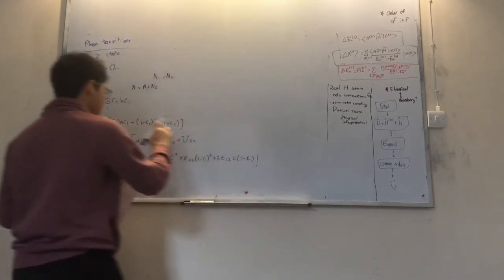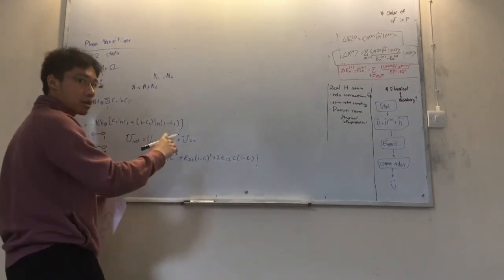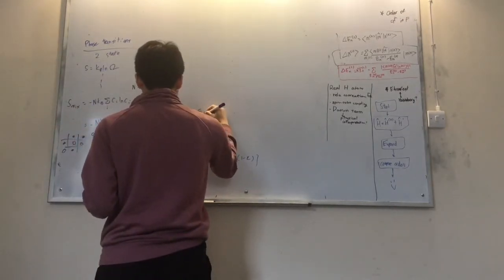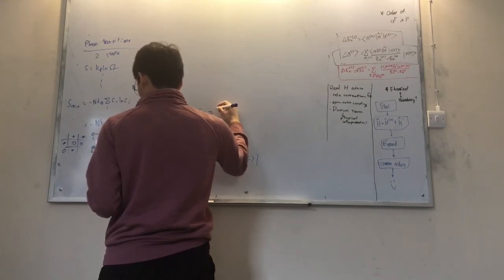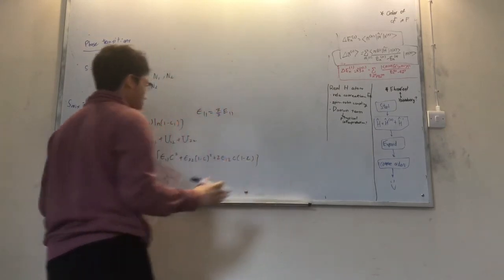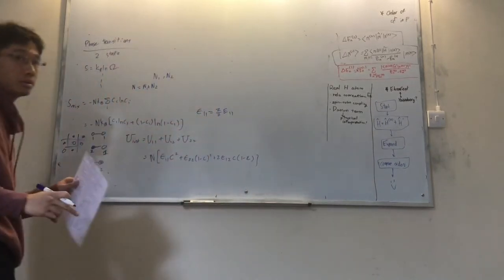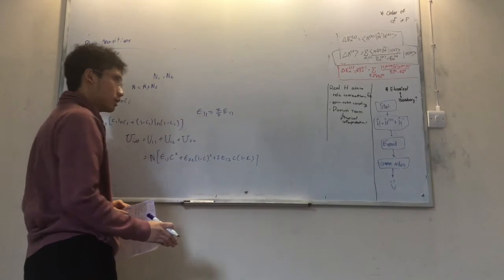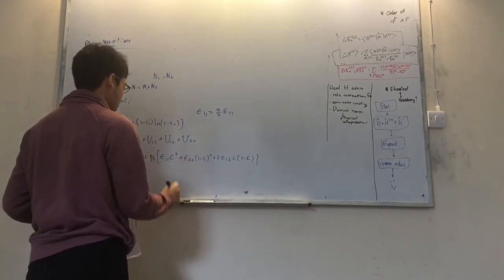These are the internal energies caused by the interactions. Epsilon is the energy caused by 1 next to 1, and this is the coordination number. Put that together and c squared comes out, and (1 minus c) squared comes out.